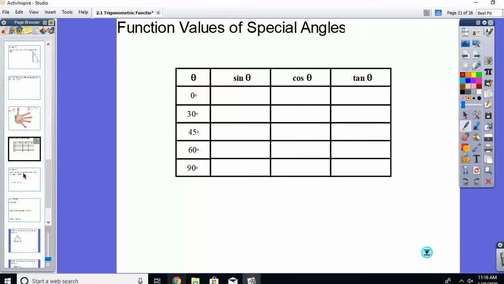So, let's see. You have all of these pretty much written down in your notes, but I'm going to fill in this table. We are going to talk more about this. Eventually, I will add the other 3 trig functions to this table, and we'll have a complete table, and that will be pretty much everything.